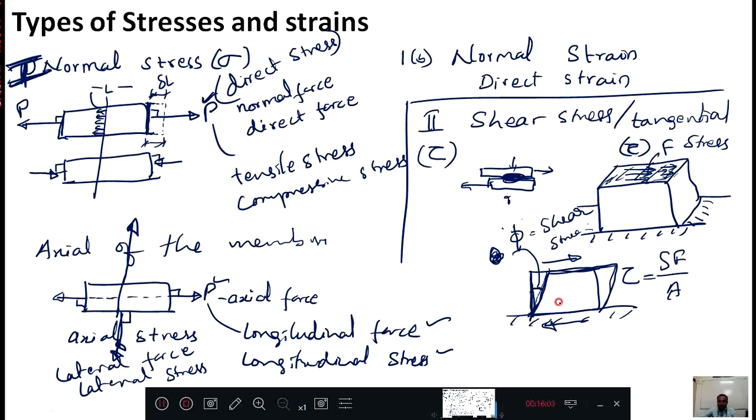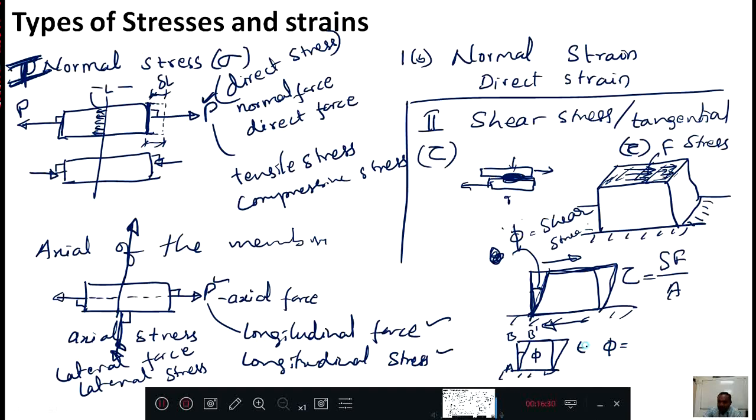Now, if I want to make a formula for shear strain, you can have it like this. See, this is the body fixed at the bottom; call this point A and this point B. When the force is applied, it may deviate like this, and B comes to B dash, and this angle is phi.